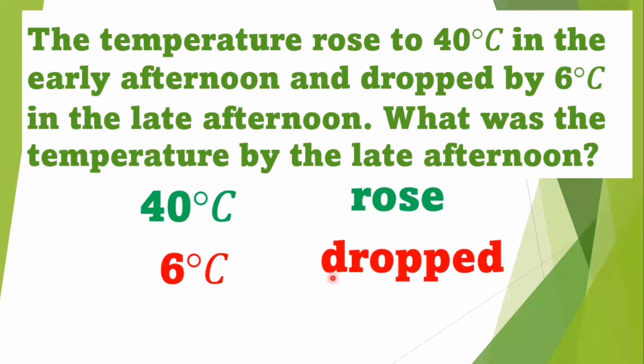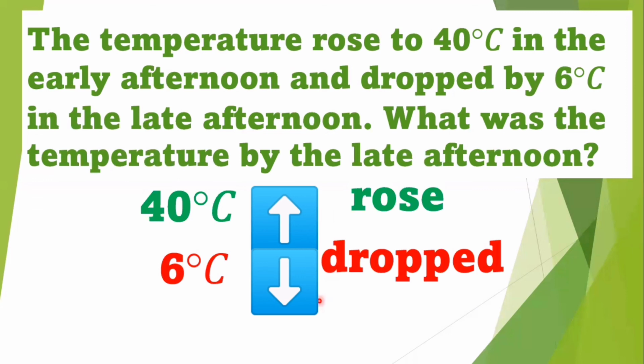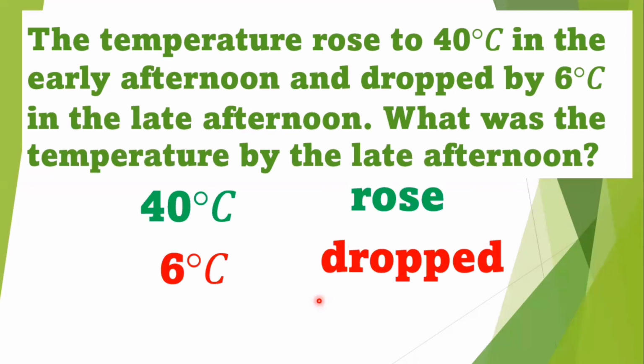Kung napansin nyo, magkaibang direksyon ng ating temperature kasi tumaas siya at bumaba. This means that this is an example of adding integers with different signs. So the answer is 34 degrees Celsius.